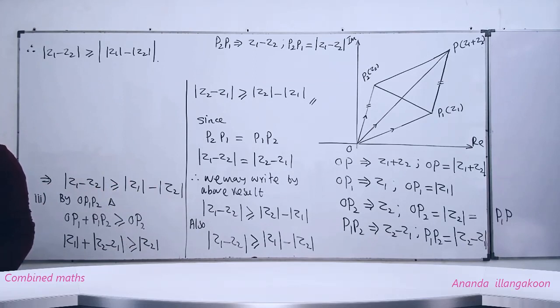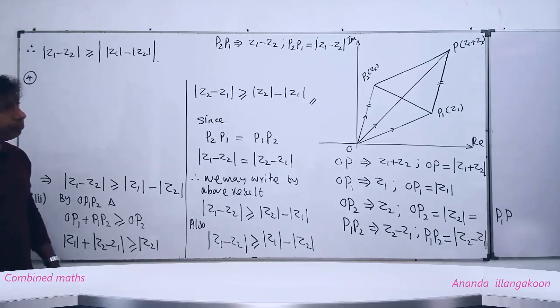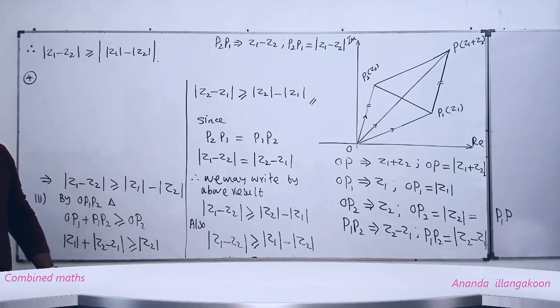Okay, the fourth proof, people. Fourth proof is this. We can consider to get the fourth proof like this by the OPP1 triangle.